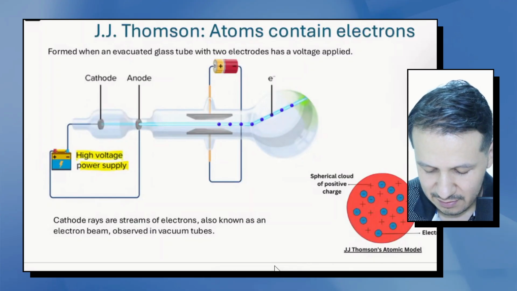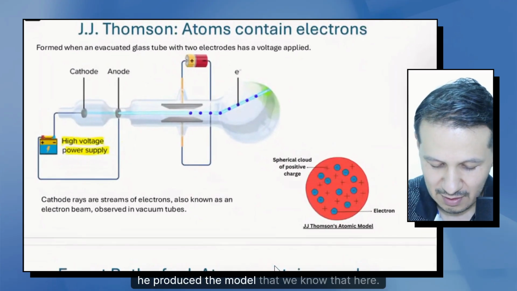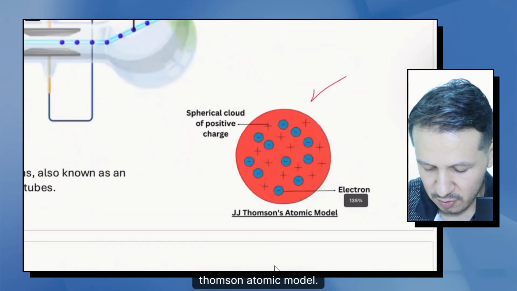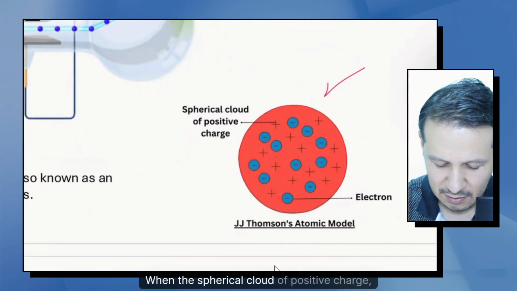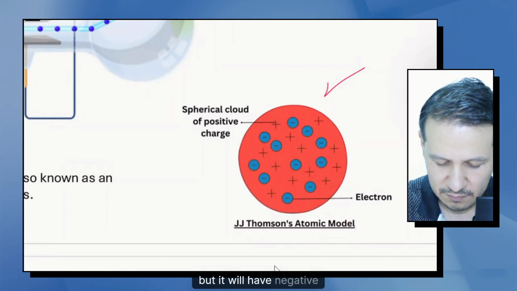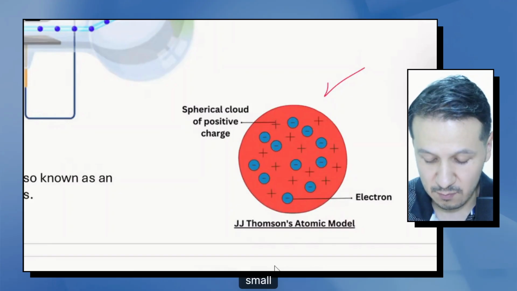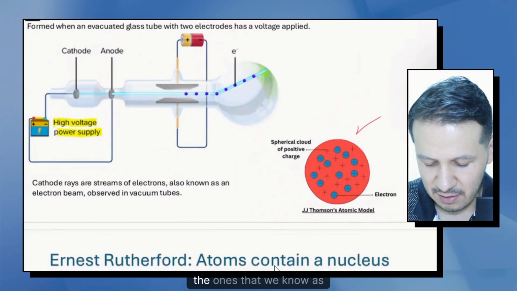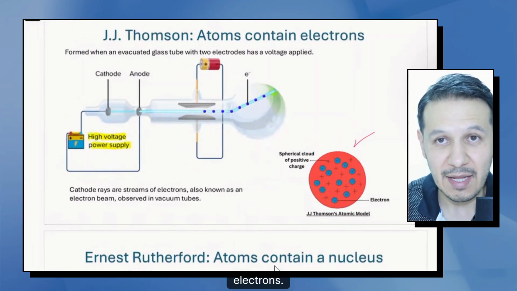In that case, he produced the model we know here, the J.J. Thomson atomic model, a spherical cloud of positive charge with small negative charges, the ones that we know as electrons.